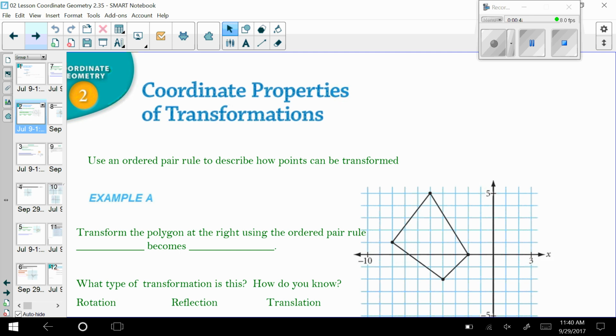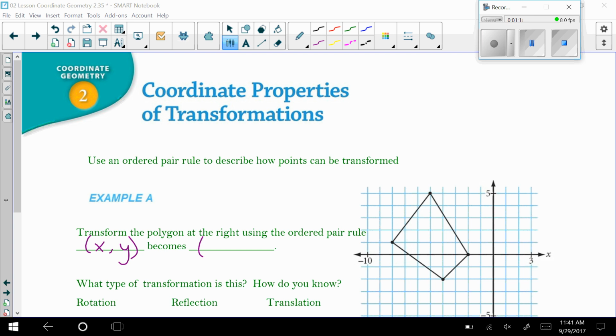So we're going to try a few examples. First, we're going to use an ordered pair rule to describe how points can be transformed. And the first ordered pair rule we're going to use says that we're going to transform the polygon at the right using an ordered pair rule that xy becomes x plus h and y plus k.